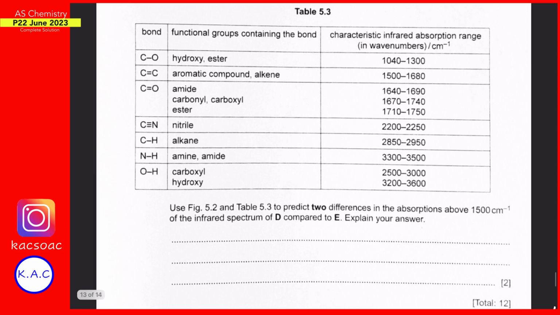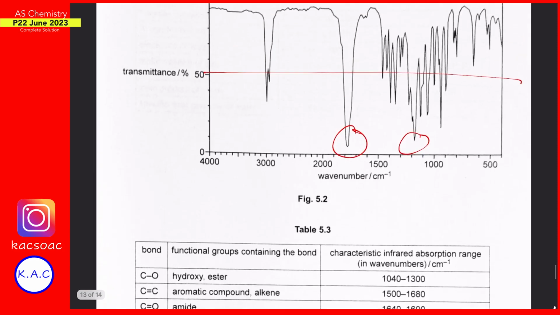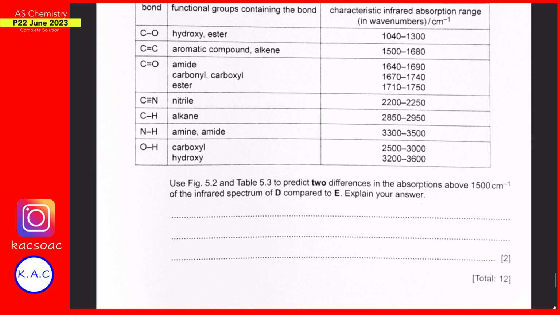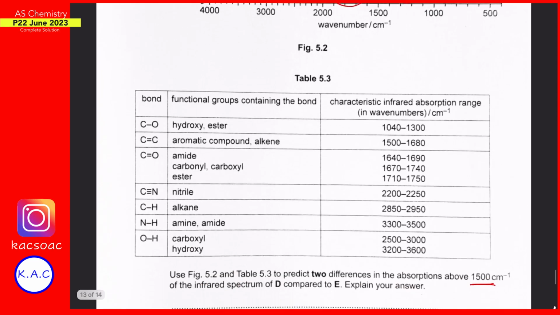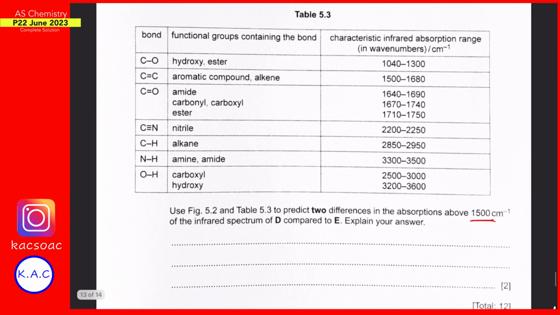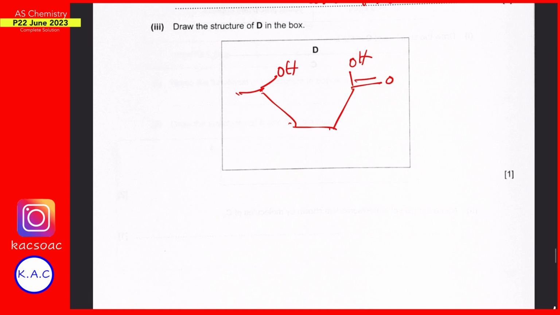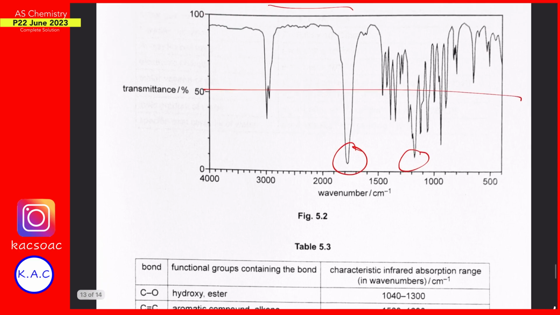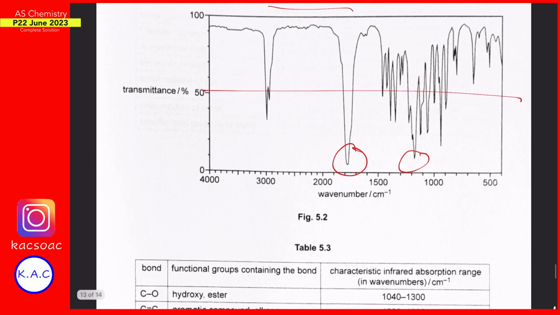Use figure 5.2 and table 5.3 to predict two differences in absorption above 1500 per centimeter of the IR spectrum of D compared to E. So in the case of D, there must be a huge peak present over here in this region.